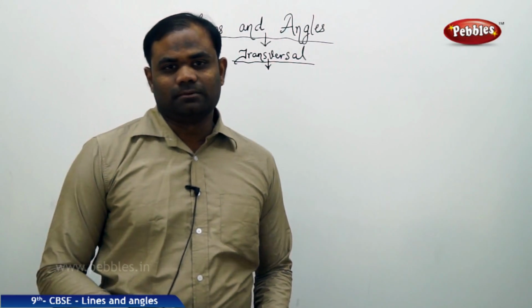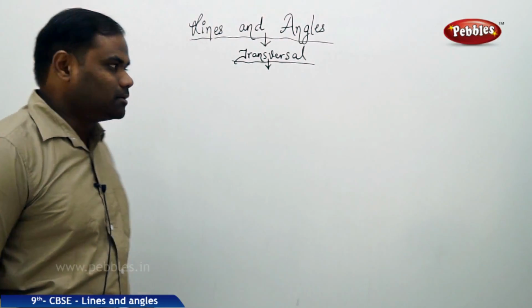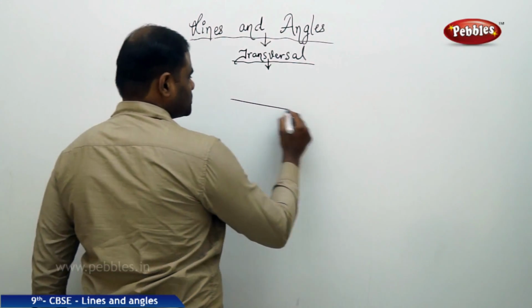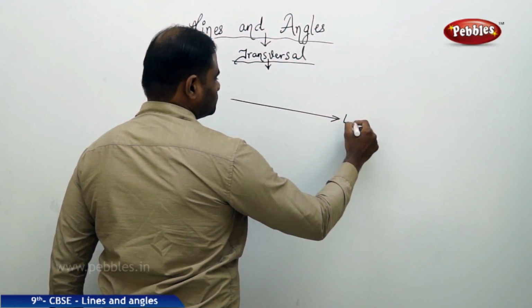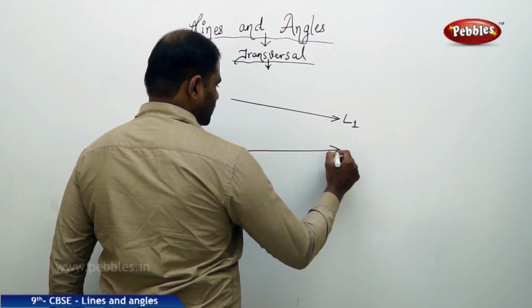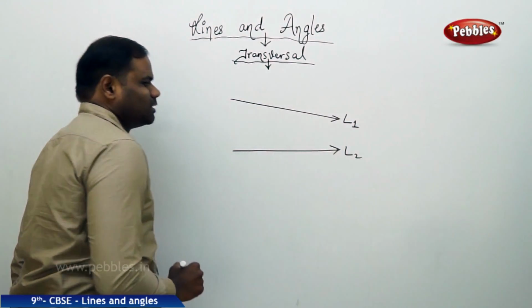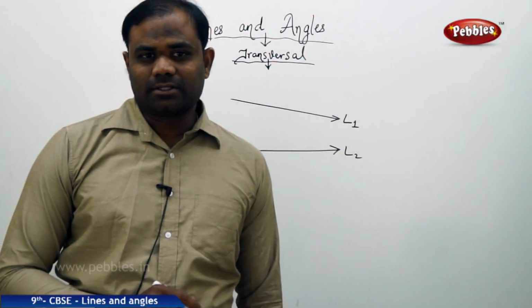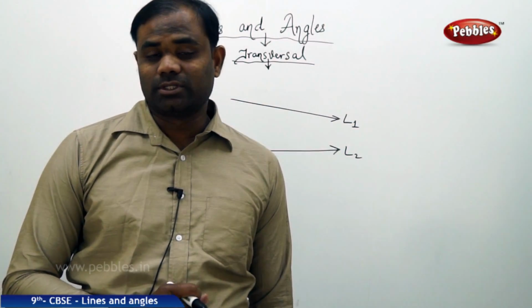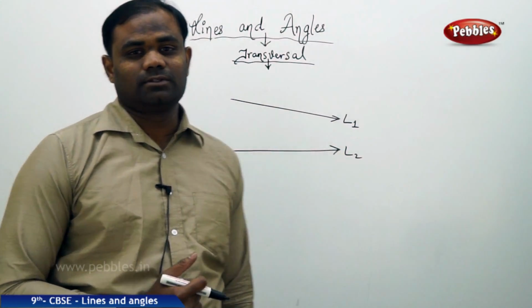What is transversal? As we see, imagine I have two lines L1 and L2. Any line which intersects L1 and L2 at two distinct points is called transversal.